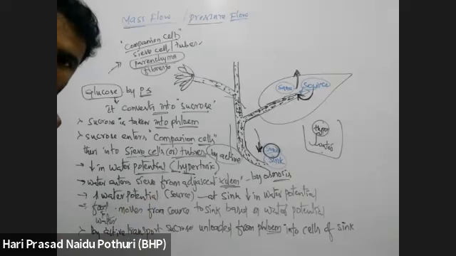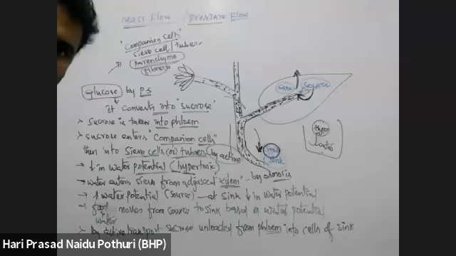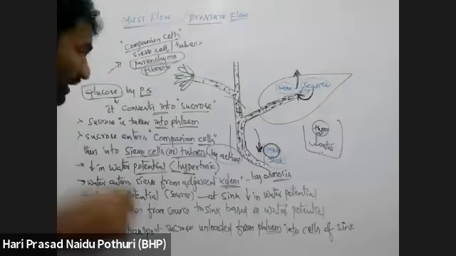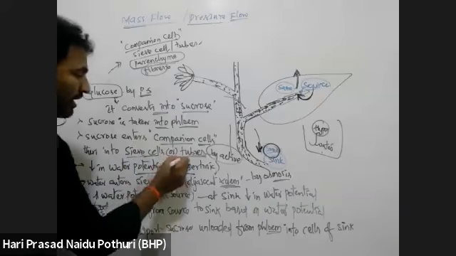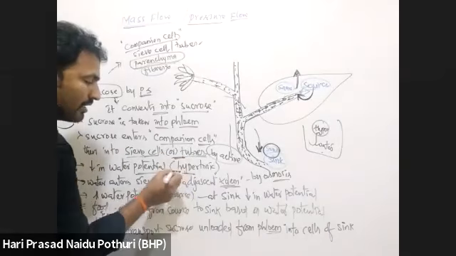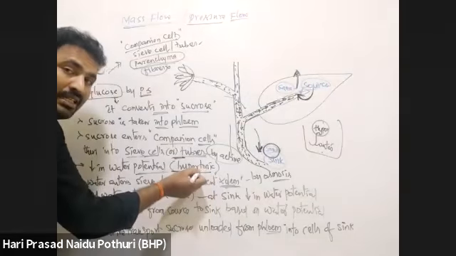Sir, in phloem, when sucrose is added, solute increases, then water potential decreases. That is what I am saying. Sucrose entering means solute concentration is increasing, which develops a hypertonic condition.